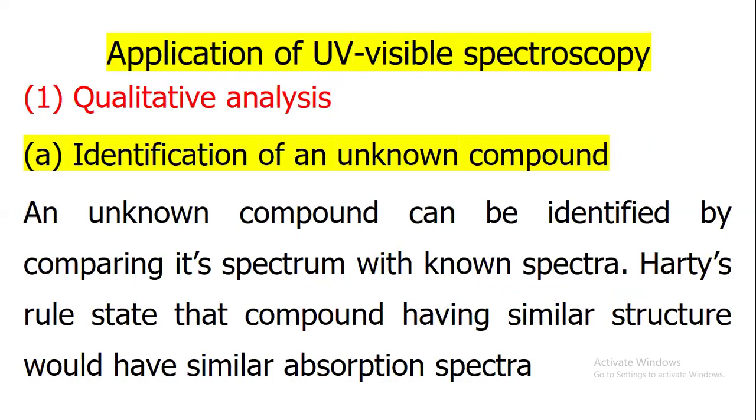Application of UV visible spectroscopy: qualitative analysis, identification of unknown compound. An unknown compound can be identified by comparing its spectrum with known spectra. Hartley's rule states that compounds having similar structure would have similar absorption spectra.